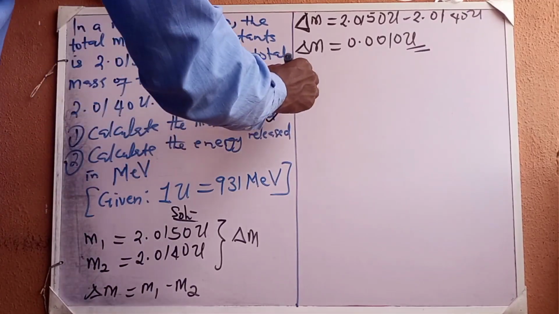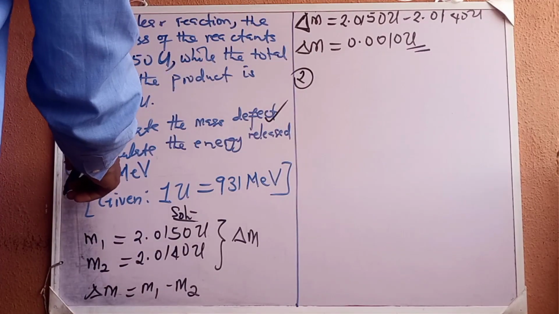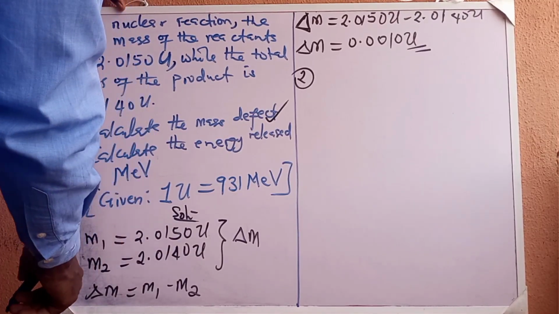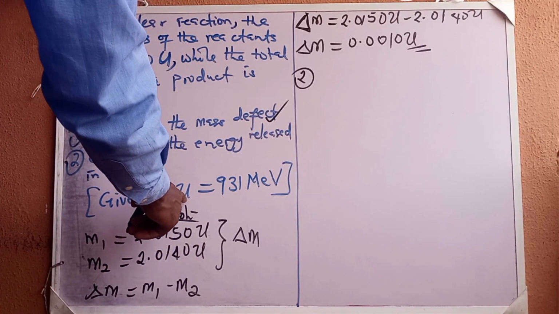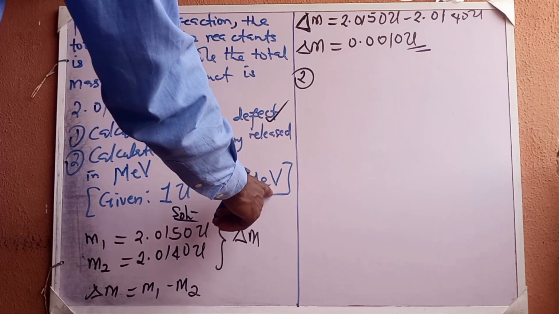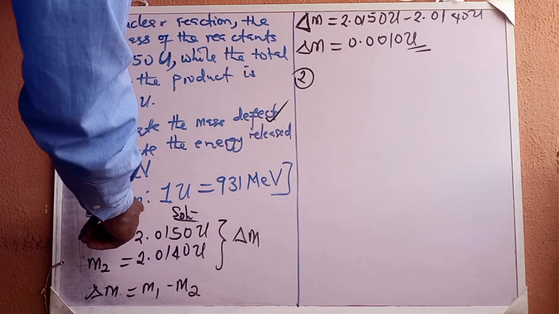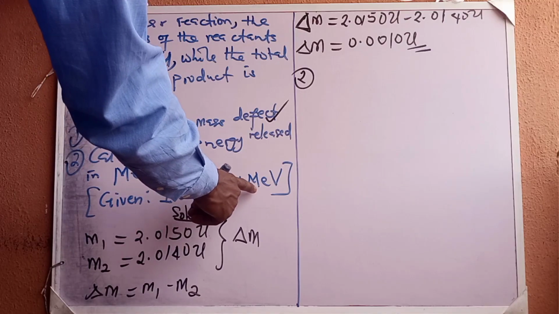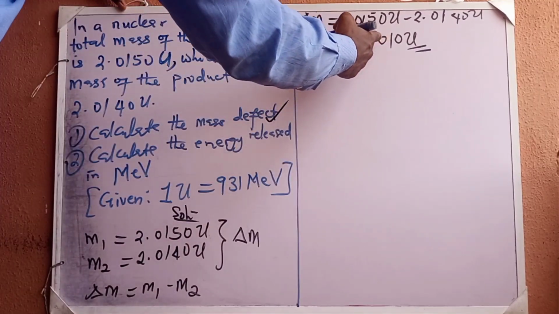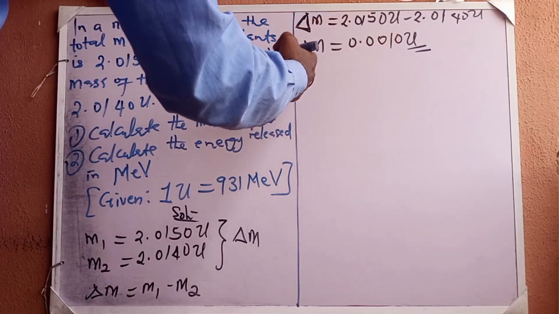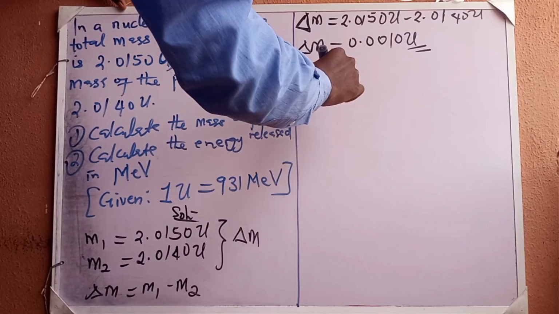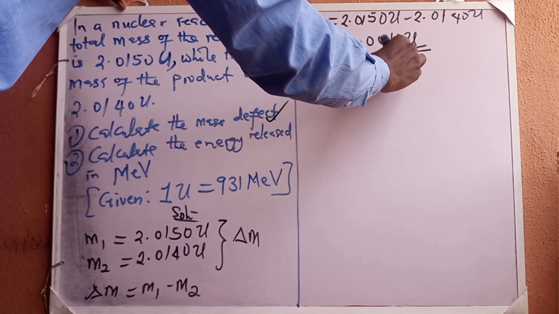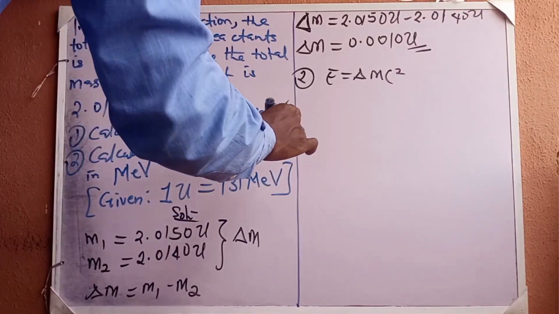Then going to the second part of the question, which is to calculate the energy released in mega electron volts, given that one atomic mass unit releases this amount of energy. So if one atomic mass unit releases 931 MeV, then what energy should this mass release? We know that energy is delta M c squared.